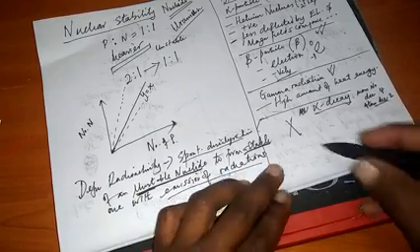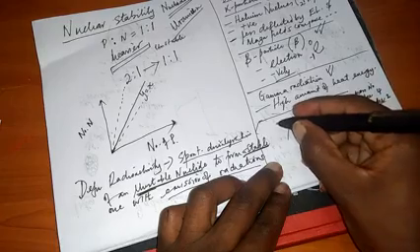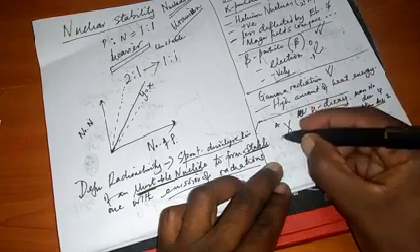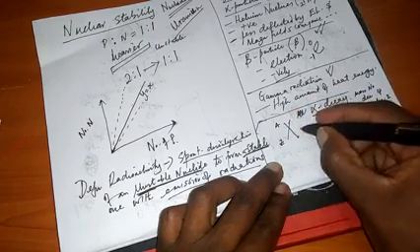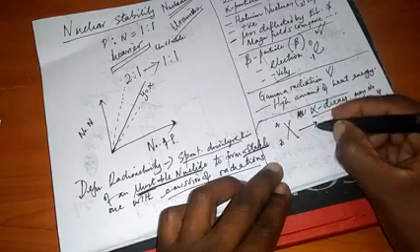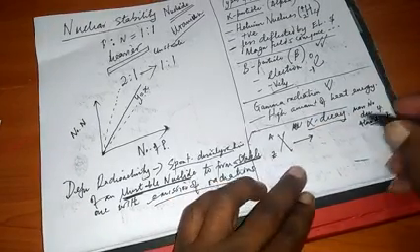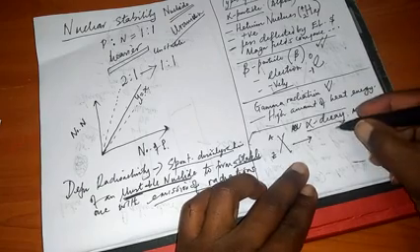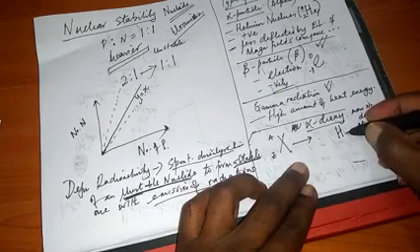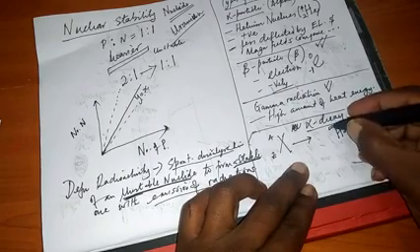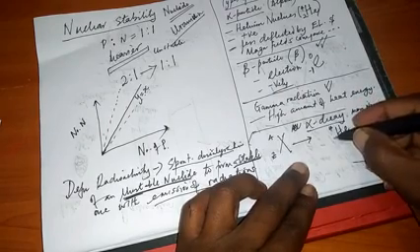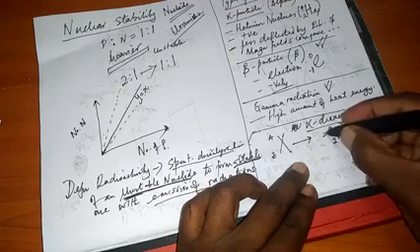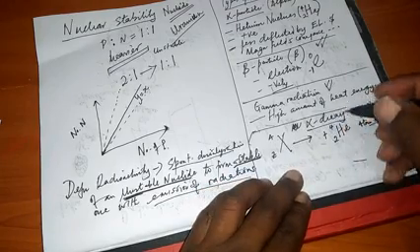For instance, if you have X, the mass number is A, the atomic number is Z, and it decays emitting an alpha particle. An alpha particle is written this way. If it decays by that, then it will form another stable nuclide.